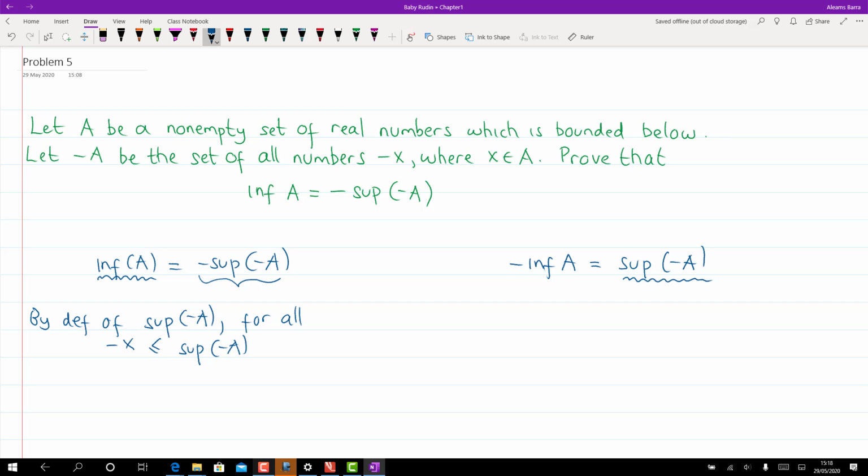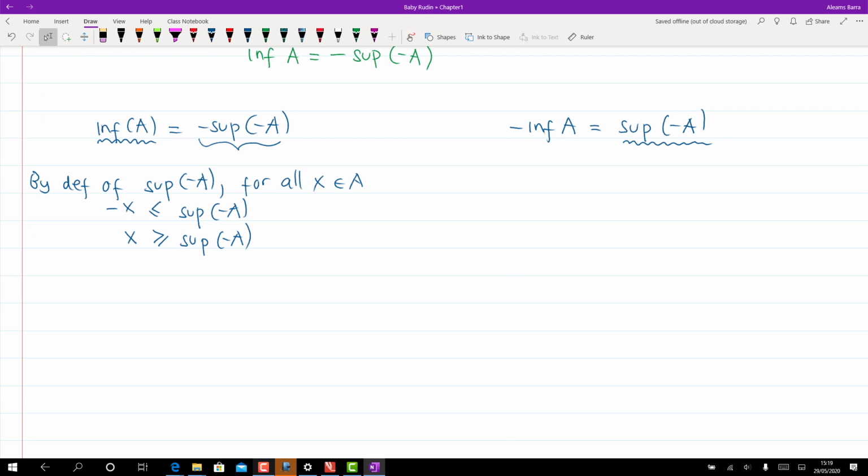So for all x in A, we have minus x is less than or equal to the supremum of minus A. After multiplying both sides by -1, we have x is bigger than or equal to minus the supremum of minus A, and this holds true for all x in A. So this guy, minus the supremum of minus A, is smaller than all elements of A. Hence, minus the supremum of minus A is a lower bound of A.